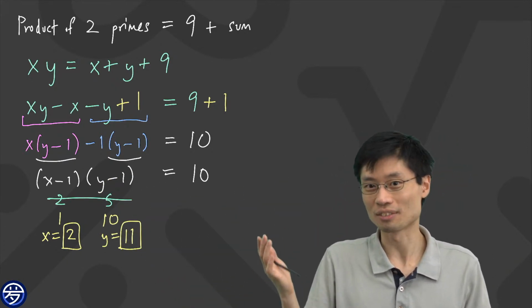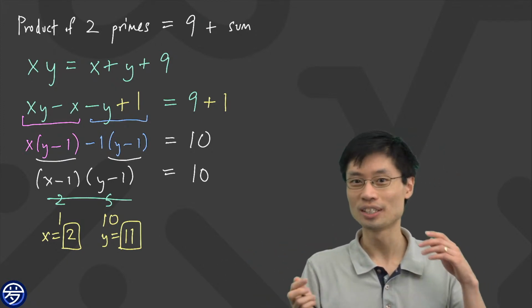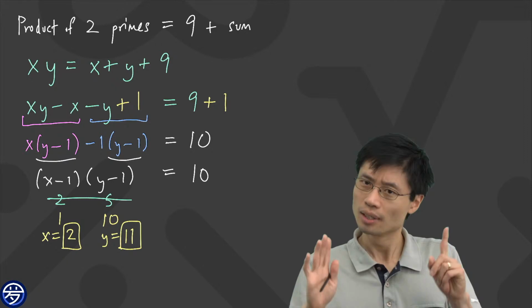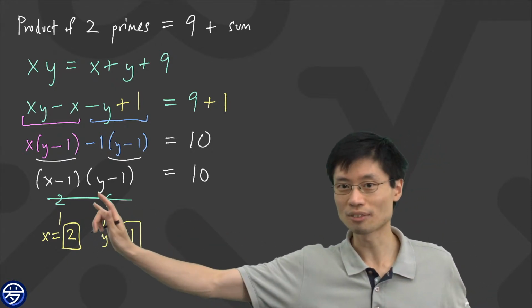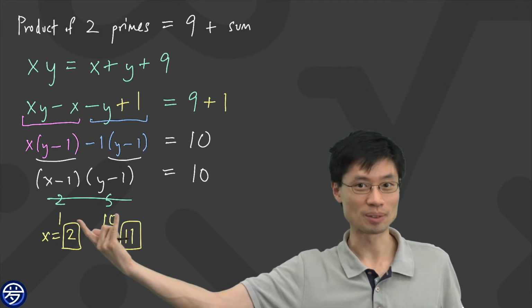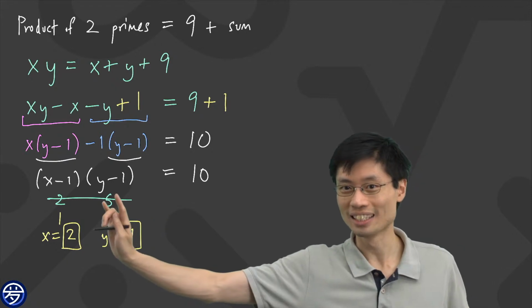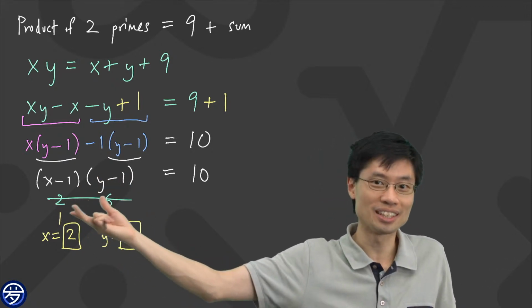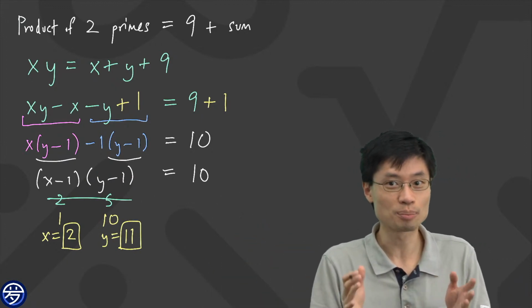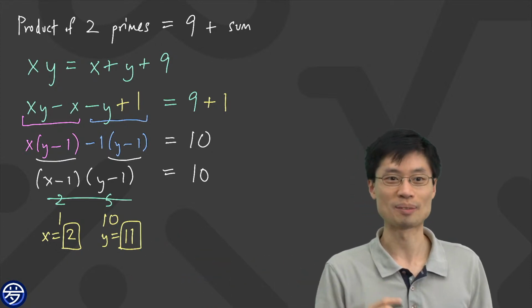And the only way to factorize 10 into positive integers is 1 times 10 or 2 times 5. You can also do it with 5 times 2, but that will just give you the numbers flipped around. And 10 times 1 will give you 11 and 2. So actually we've now proven that this is the only solution with two prime numbers.